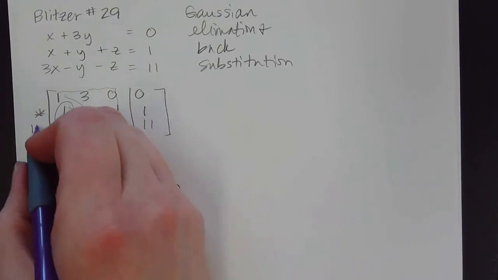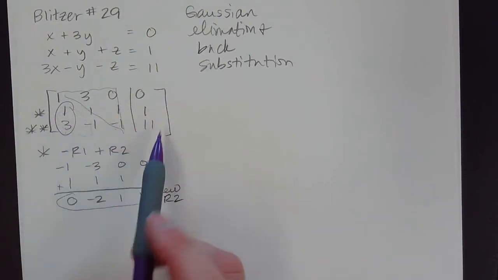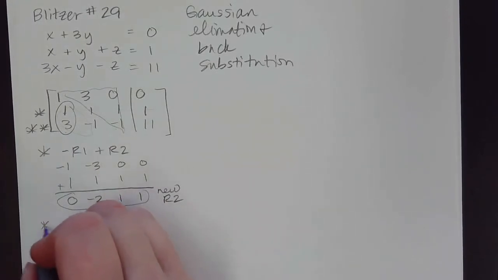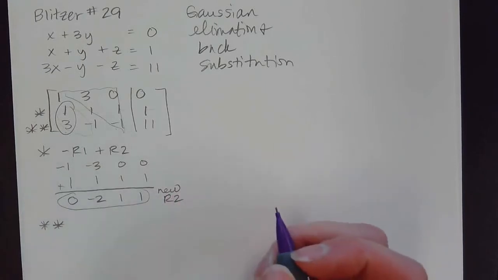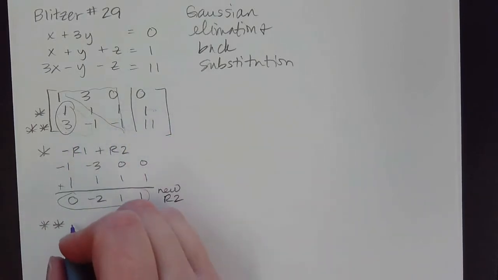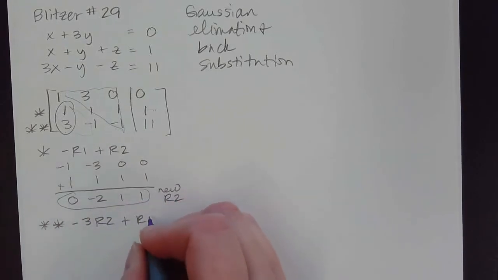So now I need to do something about the 3 in that first column. Remember, we're always working from left to right, so we're fixing our first column right now. In order to get rid of that 3, I'm going to have to multiply something by negative 3. I'm going to multiply row 2 because it's all ones. It'll be super easy to multiply row 2 by negative 3, and then we're going to add row 3.